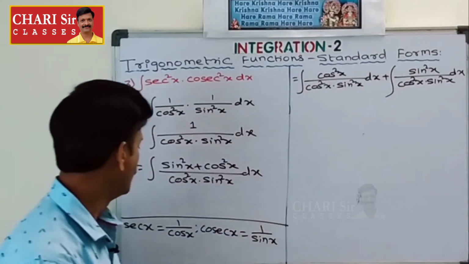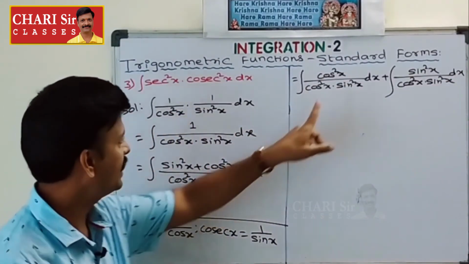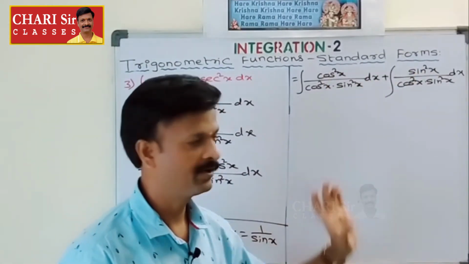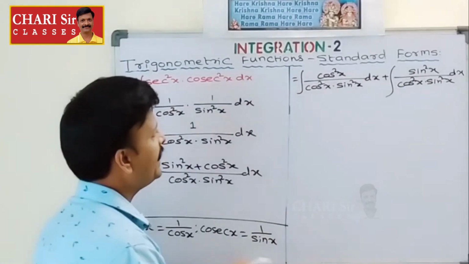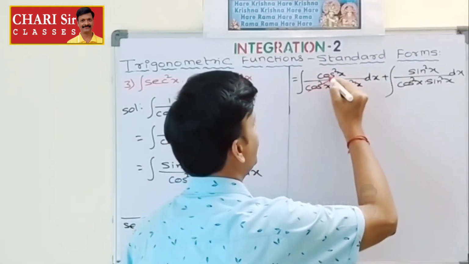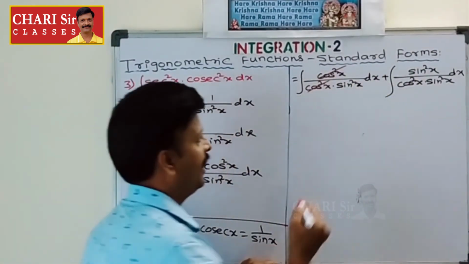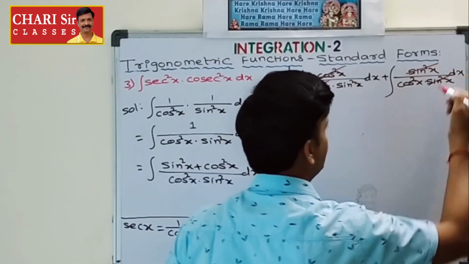Anything is okay here; sin square x plus cos square x is there, and I have written cos square x plus sin square x. You can write it any way. Now, any cancellation? Yes. Cos square x and cos square x cancel, and the sin square x cancels with the sin square x.